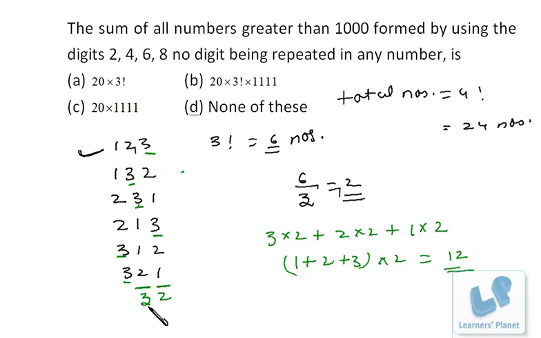Further, I would write 3 over here and 1 will be carried. The sum at the hundreds place will also be 12 and 1 I had carried over, so 12 plus 1, 13. So the total of all these 6 numbers is 1332. Now the same funda I am going to apply for 24 numbers. So just listen to me carefully once again.